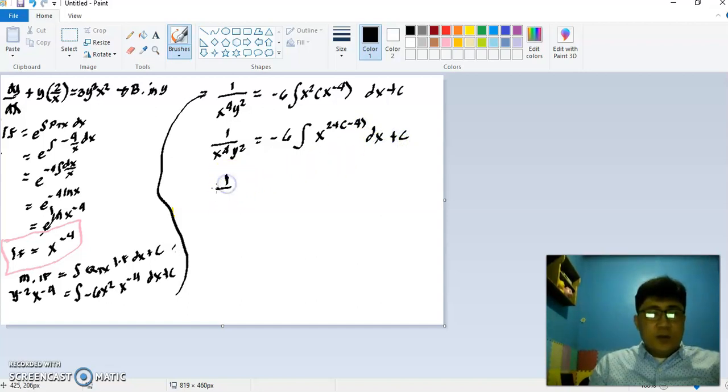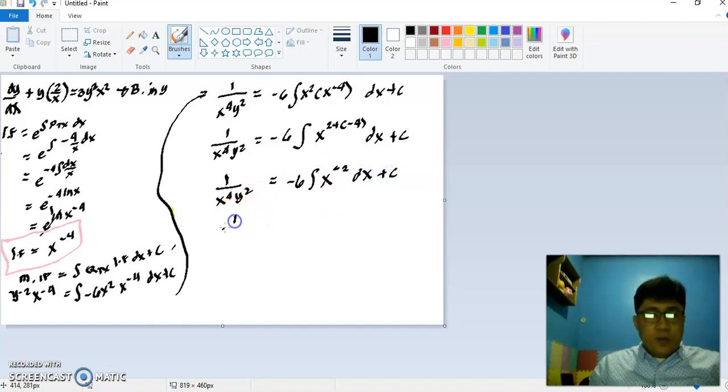So therefore, what we have is 1 over x raised to the power of 4 y squared is equal to negative 6 integral of x raised to 2 plus negative 4. So it becomes 2 minus 4, that is negative 2, dx plus c.